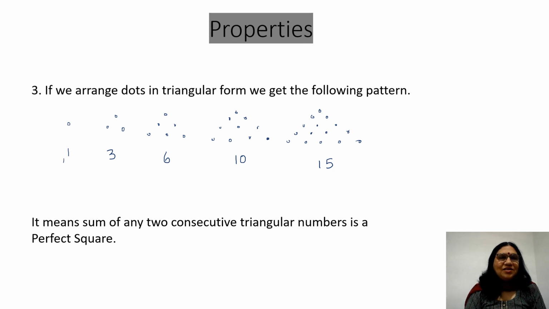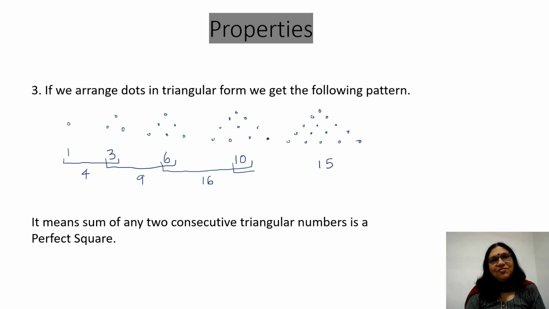If I add these two consecutive triangular numbers, I get 4. If I add these two, I get 9. Similarly, if I add these two, I get 16. If I add these two, I get 25.